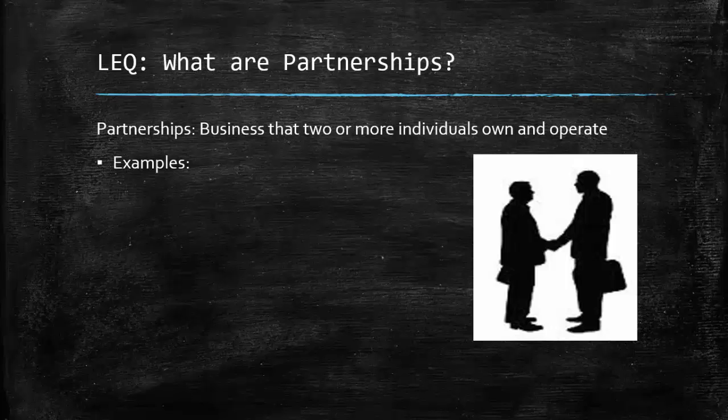Now, when it comes to examples of partnerships, here's what I'm looking for, the big 3, all right? Again, these are the general rule, and of course, there are always exceptions to the general rule. But in general, the 3 industries with the highest percentage of partnerships in them are the medical industry, the engineering industry, and law firms.